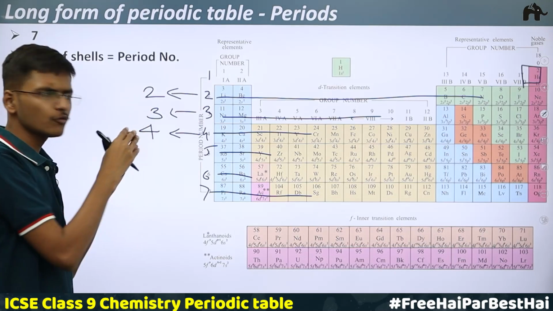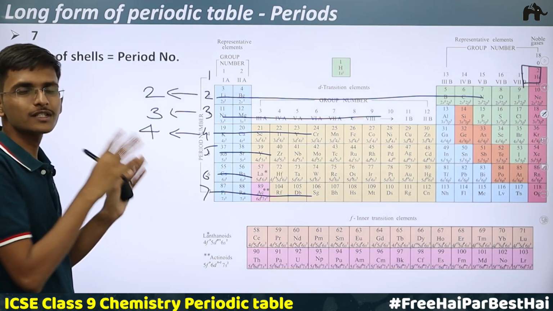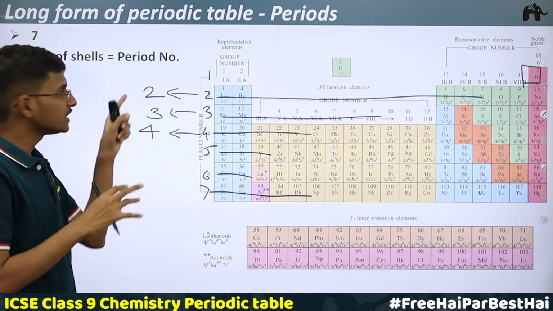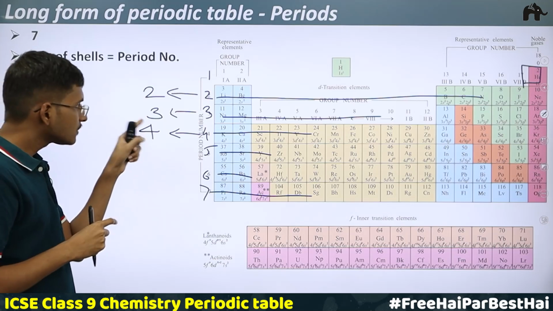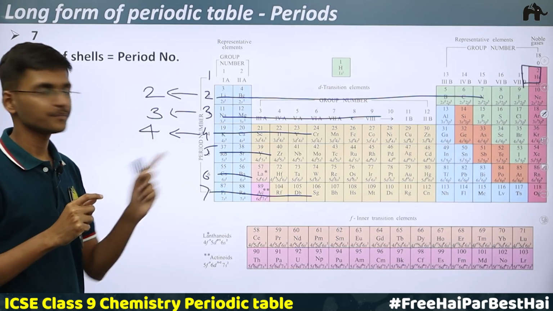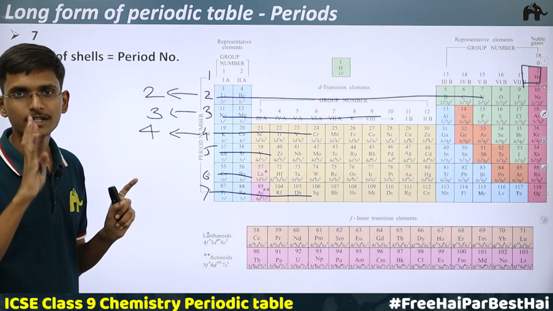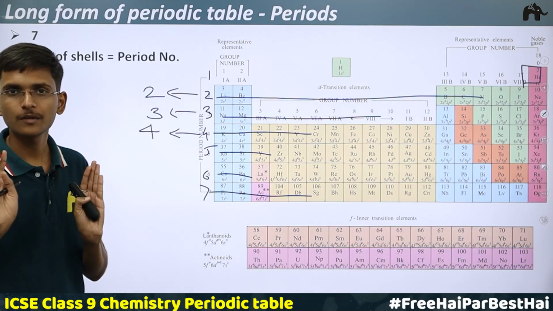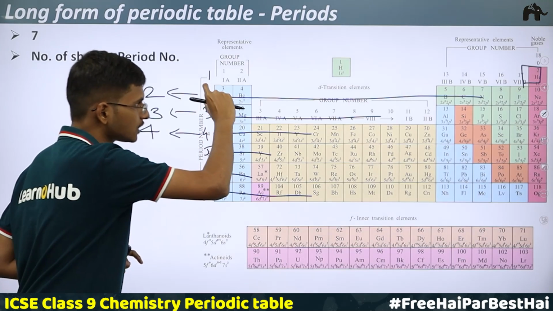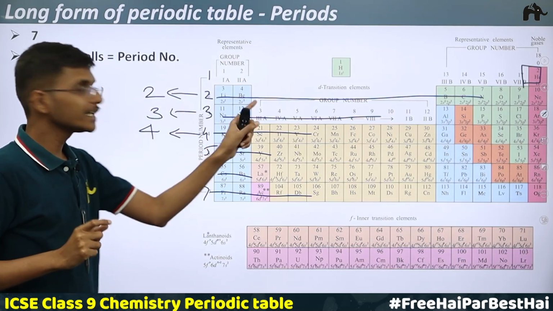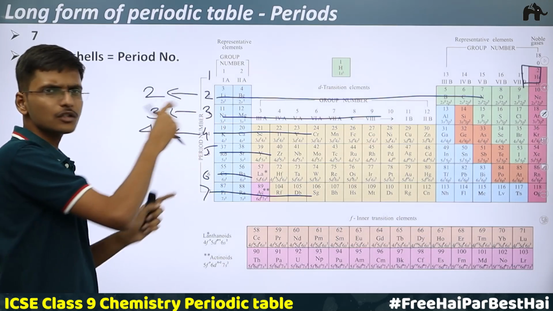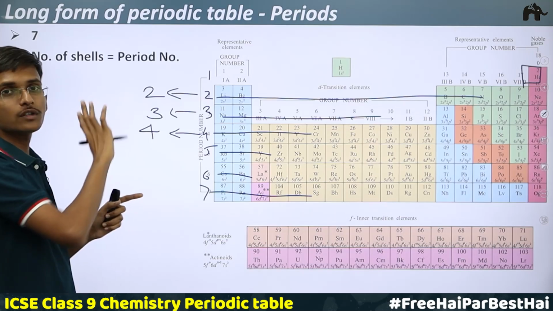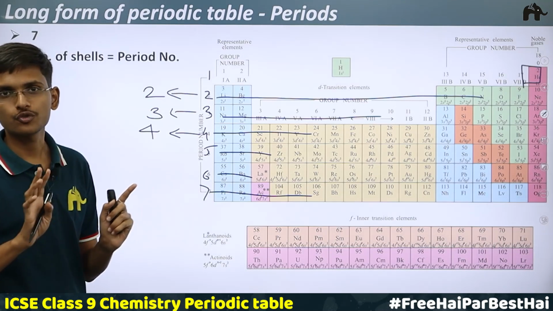Fine. What do I mean by 2, 3 or 4 shells? I mean that their atoms would have electrons in their 2 shells. Here the electrons are present in 3 shells. Here the electrons are filled in 4 shells. So I'm basically telling the number of shells which are filled with electrons. If I'm talking about period number 2, the atoms of all the elements in period number 2 would have electrons filled in their first 2 shells.